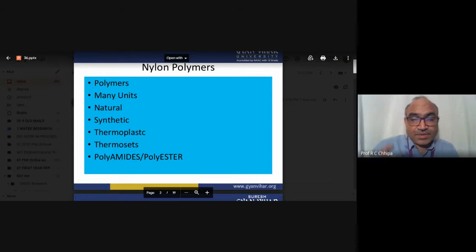So we have to see the polyester and here the nylons. Both can be correlated with the two functional groups, and one functional group in polyester and polyamide is the same. And which one is the same? Carboxylic group. So carboxylic acid combined with the amine, carboxylic acid combined with the hydroxy alcoholic group.